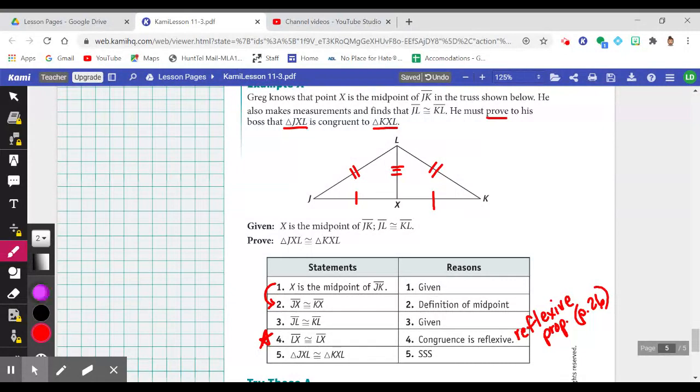So now, if you would, circle statement 2, 3, and 4, and you see that you have 3 pairs of sides congruent, enough to justify that triangle JXL is congruent to KXL, and look what reason they used. Side, side, side, or 3 pairs of corresponding sides are congruent in both triangles. So 3 sides in one triangle are congruent to their corresponding sides in another.